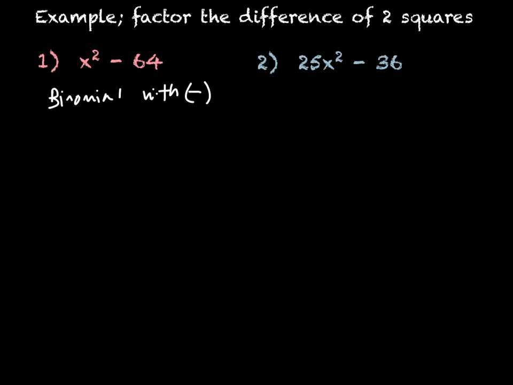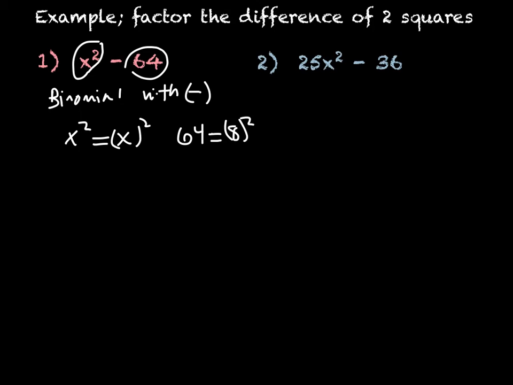So it is a difference, and so we could be looking at a difference of two squares. So then I look at my two terms. They are both perfect squares, because x squared is just x squared, and 64 is 8 squared.